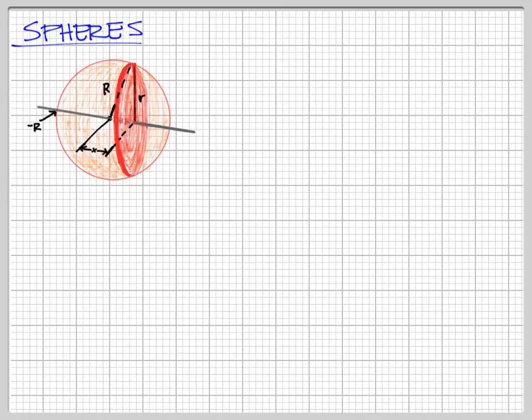When we integrate, we're going to go from back there, negative R, to up there, positive R. And again, that is my x-axis. The width of my slices we're going to call dx. Each slice is a disk, and we already have an expression for the mass of the disk.